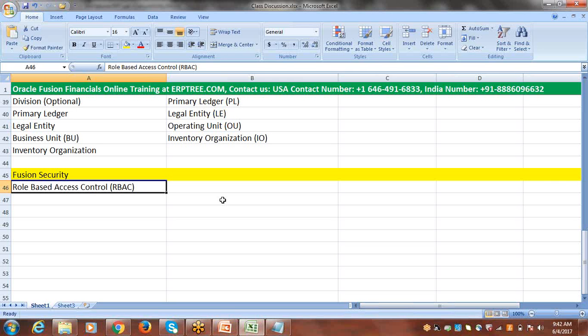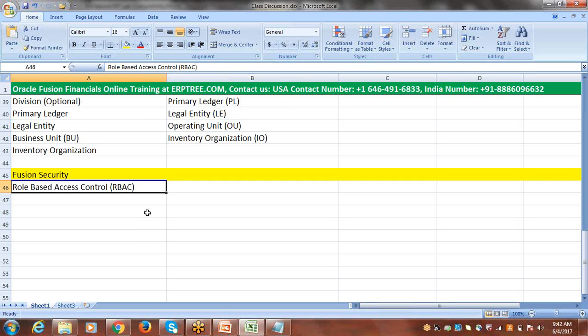But this functionality is very limited, and generally applicable to web based functions. But Fusion uses the same logic for everything. The Fusion applications all work based on role based access control only.